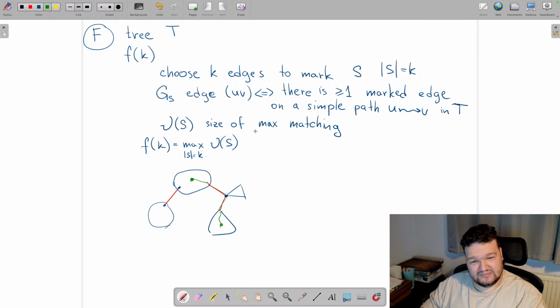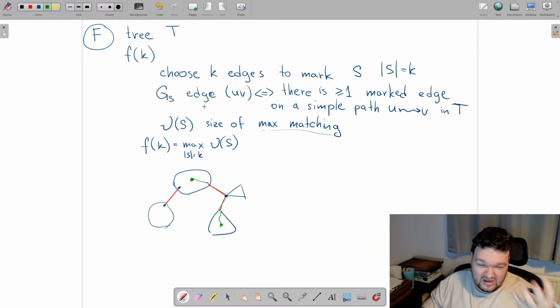Then what is the max matching? By definition, it just means that we are taking pairs of vertices that are connected by an edge in G, and those pairs should not intersect. That's the definition of matching, and we want it to be of maximum size.